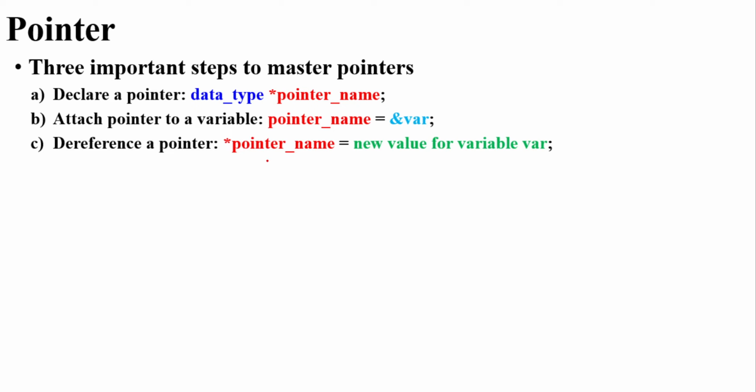After that, we don't have to use the variable to change the value inside the variable. We can use asterisk pointer name and assign a new value. This is called dereferencing a pointer. If we can understand these three steps, then almost all the doubts related to pointers may be cleared.